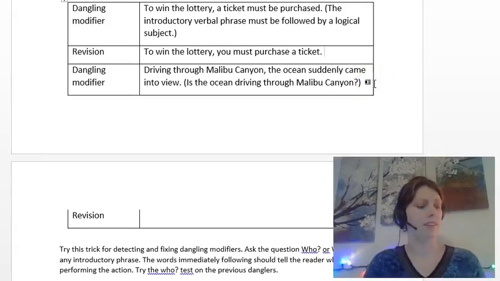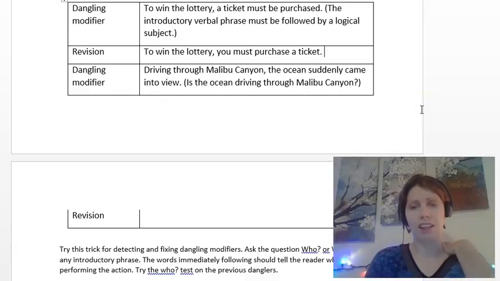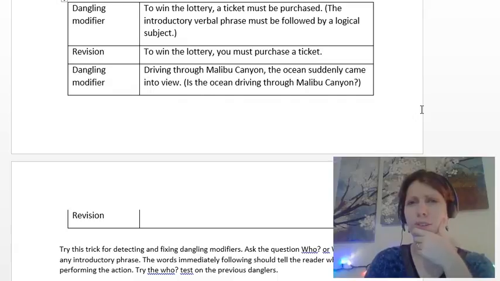All right, let's look at this other one here. Driving through Malibu Canyon, the ocean suddenly came into view. Is the ocean driving through Malibu Canyon?